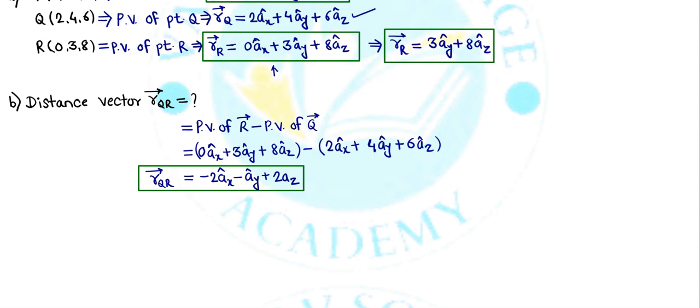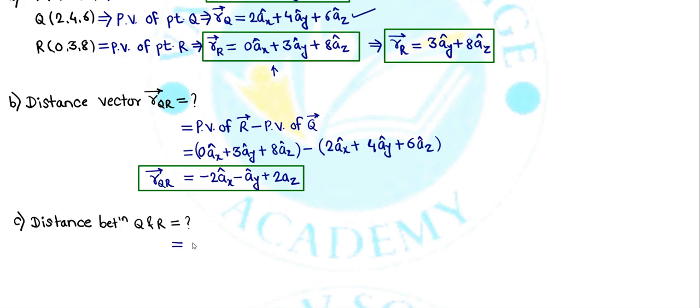It will be the magnitude. Always keep in mind, whenever they ask you to find the distance in between any of the two vectors, simply we have to find the magnitude of the given vector in between the two position vectors. Okay, so we will go with the C part of the numerical.